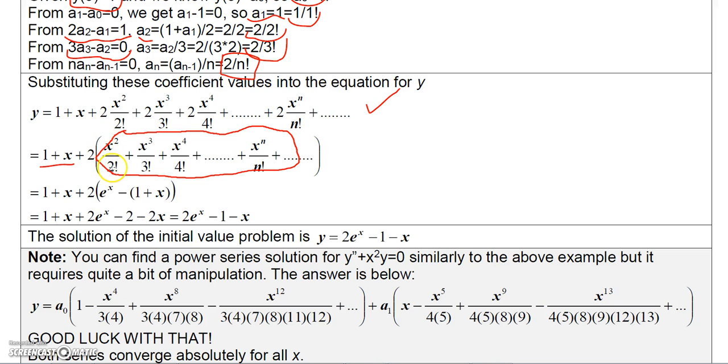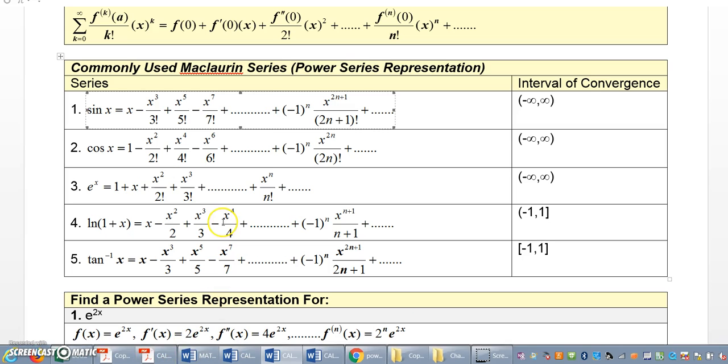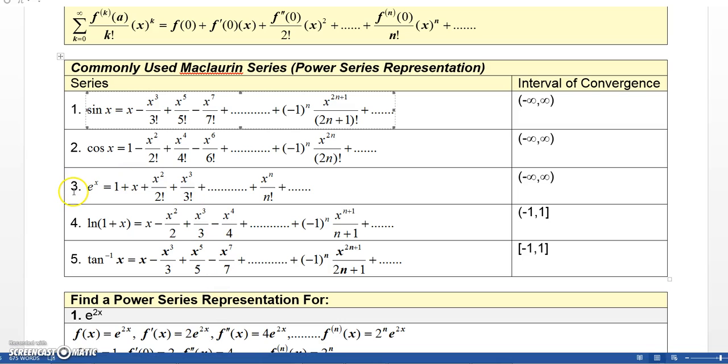It's x squared over 2 factorial all the way out, infinitely out, but the nth term would be x to the n over n factorial. Now, if you go back and look right here, you actually have this that says e to the x is 1 plus x, and then you have x squared over 2 factorial out to x to the n over n factorial.